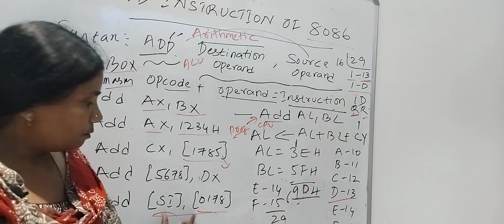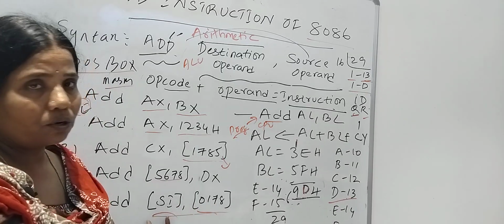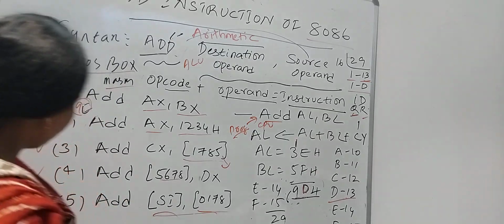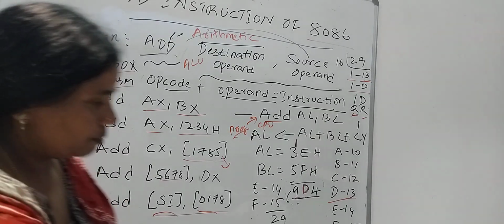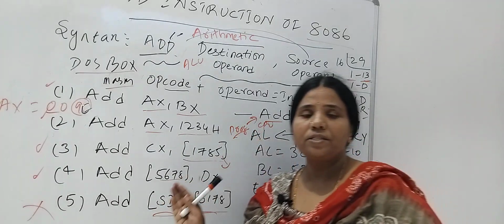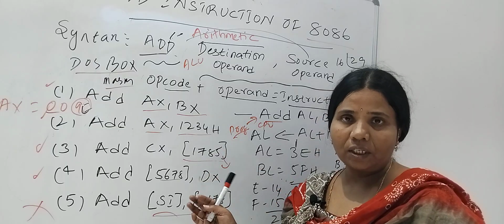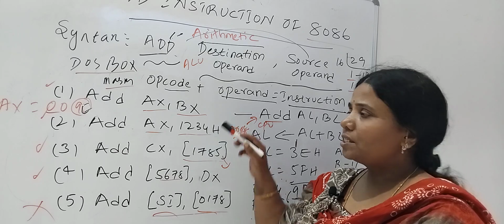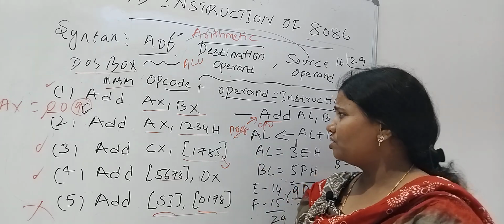But one thing you have to remember: the source operand and destination operand should not both be data in memory locations. This is not accepted, but all the other combinations can be accepted. All the registers you use in assembly language programming are present in 8086.